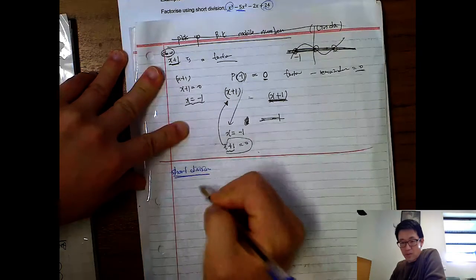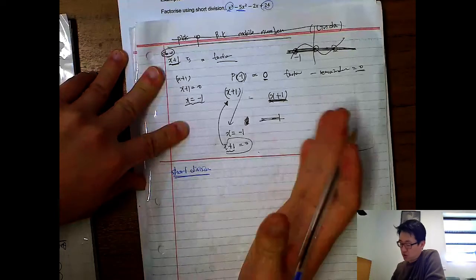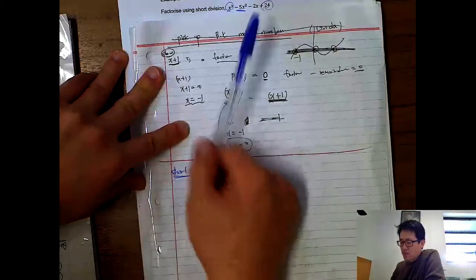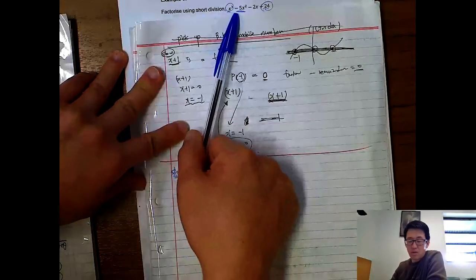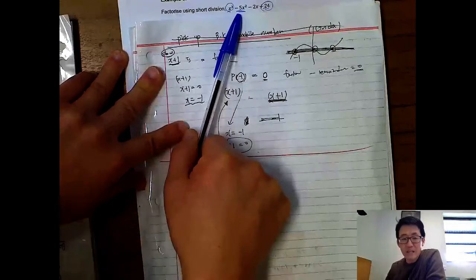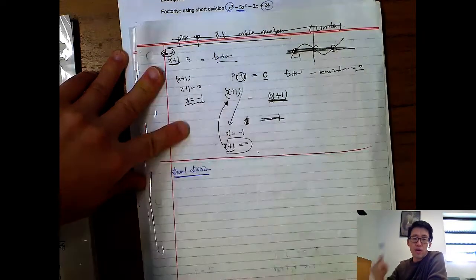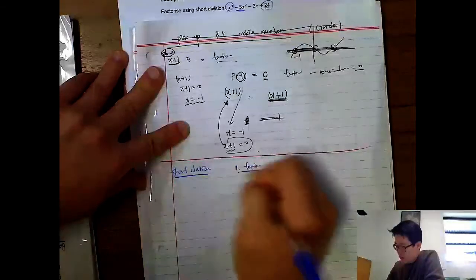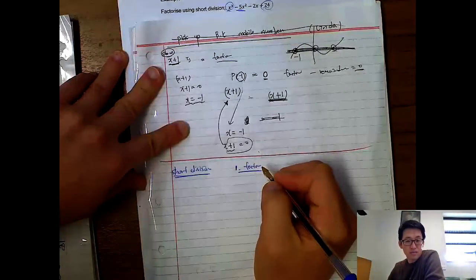If they ask for short division, you have to use short division. Otherwise, you can just pick anything. What you use doesn't really matter. However, if nothing is given, it doesn't matter whether it's long division or short division. The factor is not given. You need to find one factor first. How?